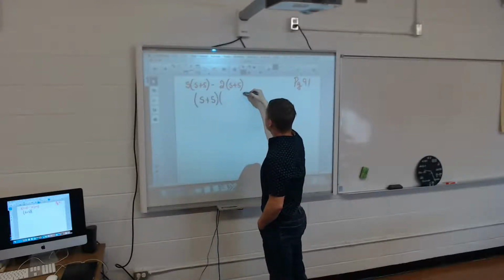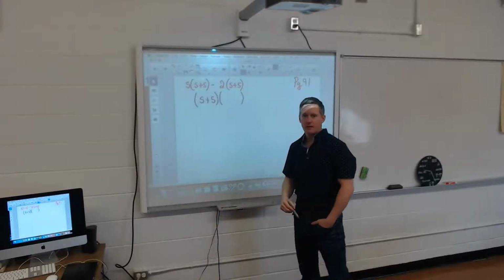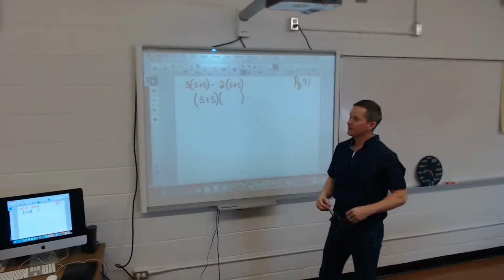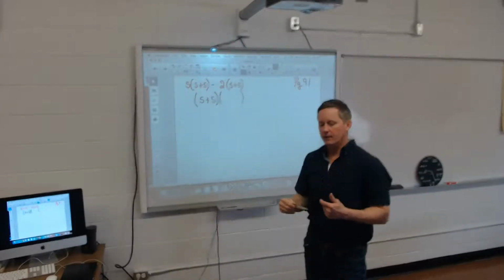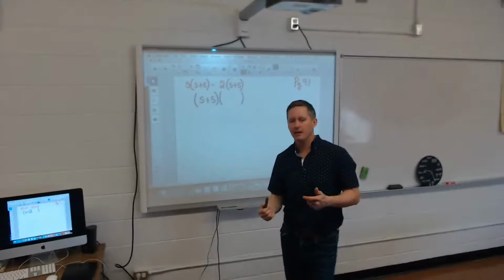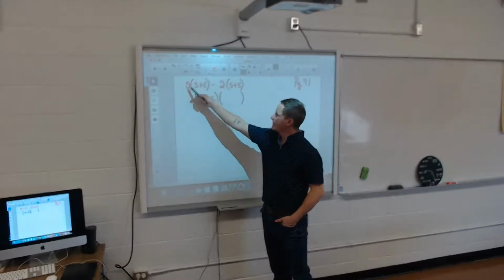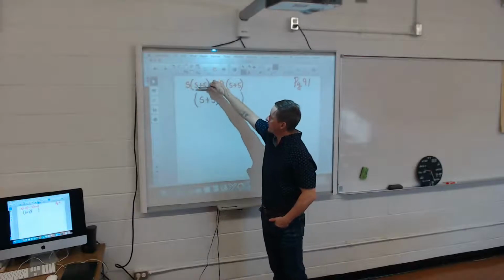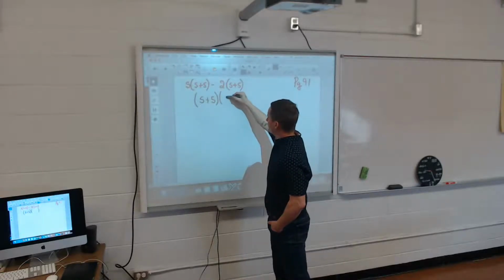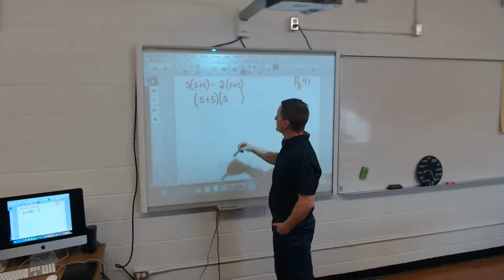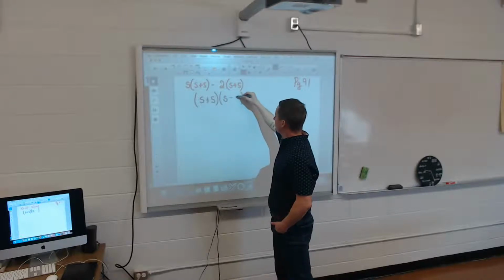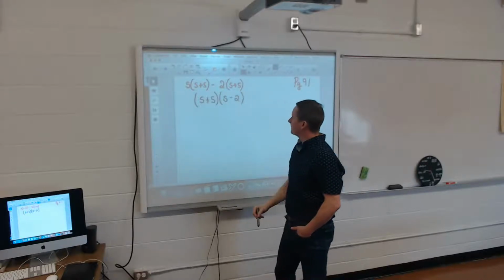Now the second set of brackets. Now this goes back to that distribution property that I showed you when we multiply in. And that is what's left. If I take an S plus 5 away, I'm left with S subtract 2.